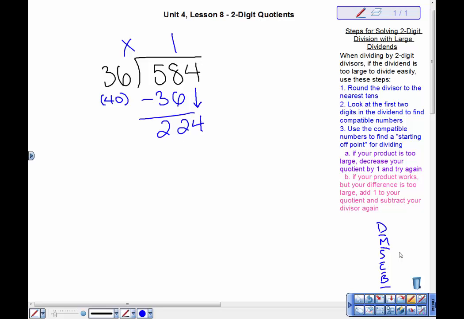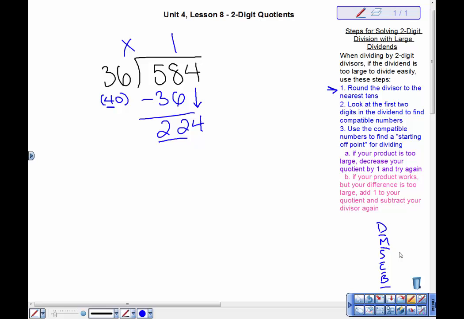Now I have 224 divided by 36. I'm going to use the same steps that I looked at yesterday with a 1-digit quotient. I'm going to round 36 to the nearest tens. That gives me 40. I'm going to use the 4 in 40 and the first 2 digits in 224, which gives me 22.